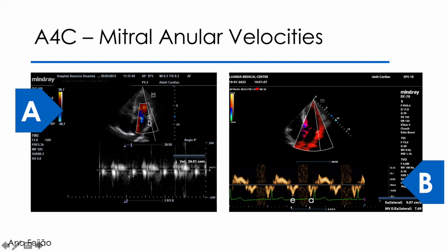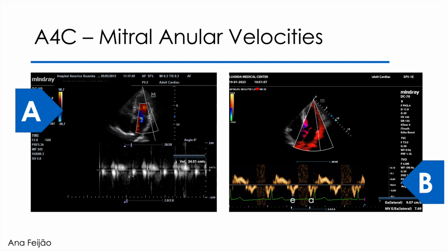Place the sample, as I explained, at the mitral annulus, lateral or septal, and call the spectral graph. The big trick here is to lower the speed and manage the gains so that we can achieve a good definition of the tissue wave that will have a more intense echogenicity.